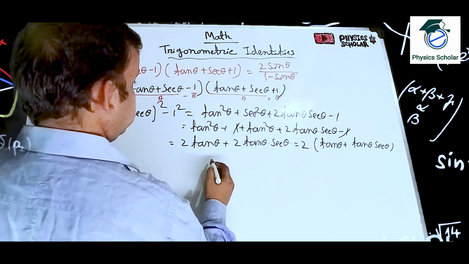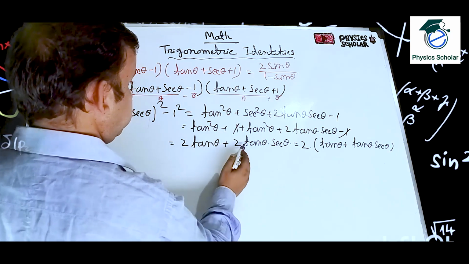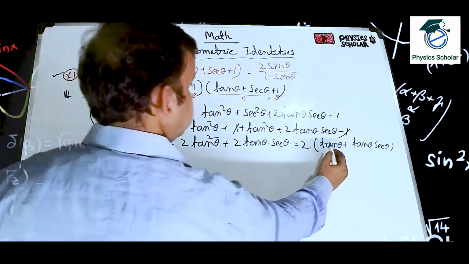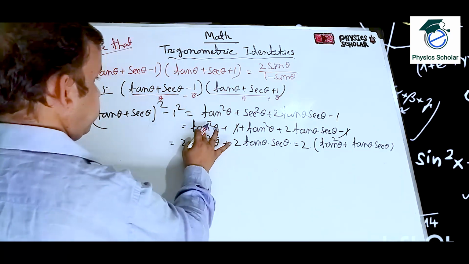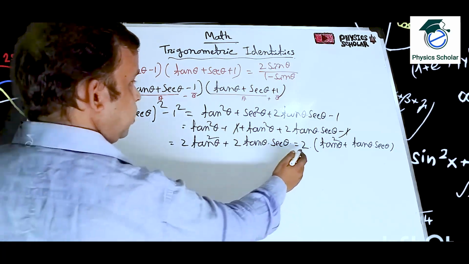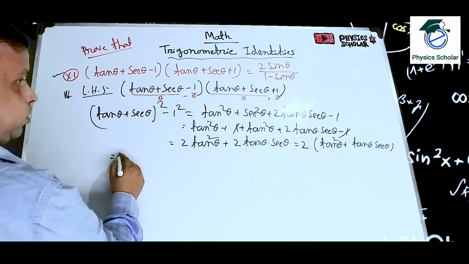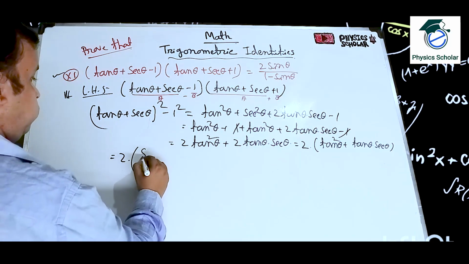Now tan square theta, so 2 tan square theta plus tan theta into sec theta. Tan square theta and tan square theta, 2 tan square theta. Clear? So now it will be what?